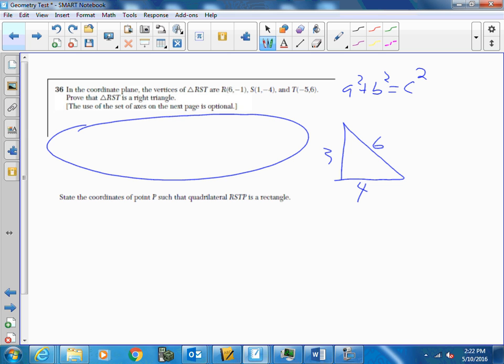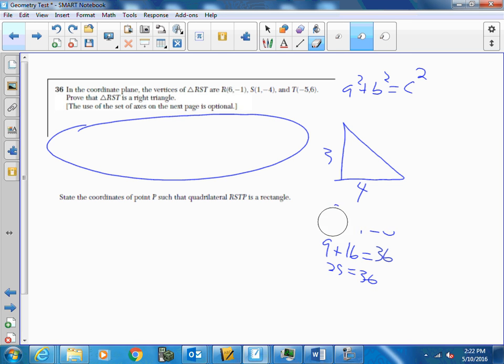Well, you can show it by just saying, okay, if it's a right triangle, the leg squared plus the other leg squared has to equal the hypotenuse squared. And for 3, 4, 6, you have 9 plus 16. Is that equal to 36? No, 25 is not equal to 36. That means 3, 4, 6 is not going to give you a right triangle.